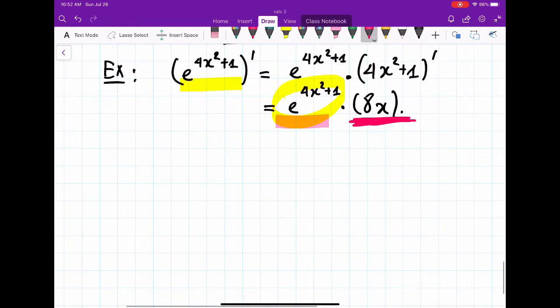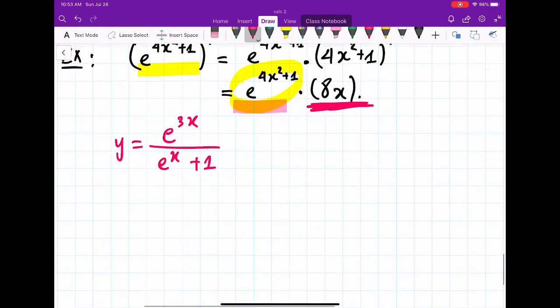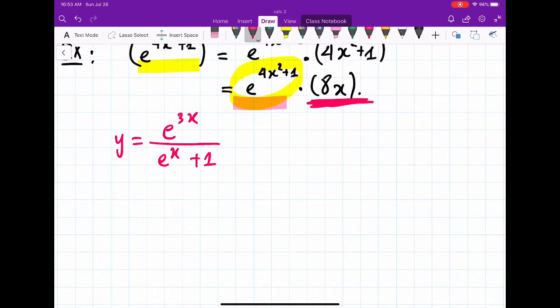Okay. Let's consider another one. You have y equal to e to the 3x over e to the x plus 1. If you need to find the derivative of this function, no problem. In this case, we have a quotient, so we need to use the quotient rule.